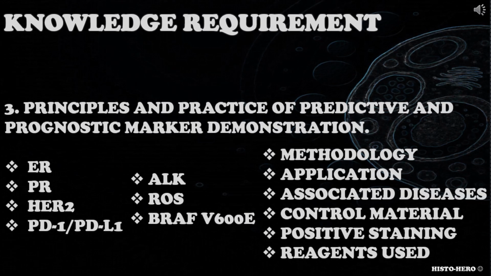The third knowledge requirement is principles and practice of prognostic marker demonstration. Candidate needs to have the knowledge and understanding about demonstration of predictive and prognostic markers. You could ask the candidate to list methods to detect predictive and prognostic markers, to explain the principles and practice of those methods, name diseases that can be managed by those markers, to explain how the positive staining would look like and mean for the patient.